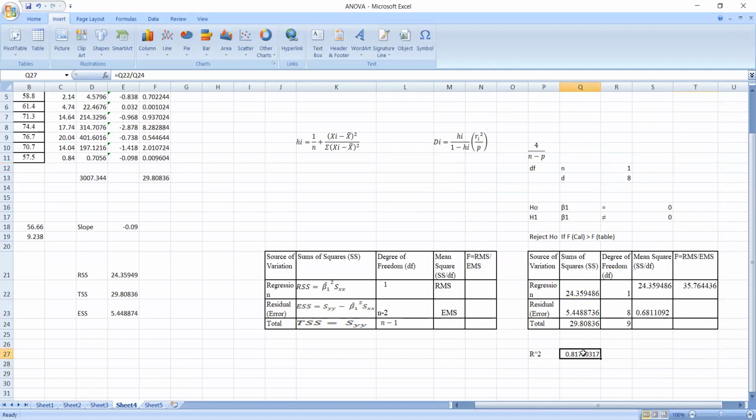In this case, you can see it's 0.81, that is, if you convert this into a percentage, 81%. So the model that we have fitted is a good fit for our data set because we have a high value for the coefficient of determination, more than 80%. The model is a good fit.